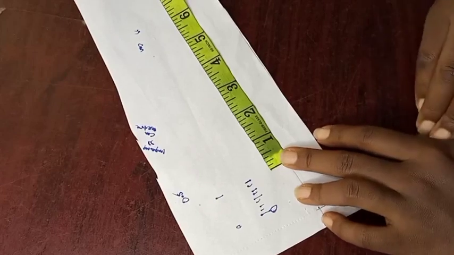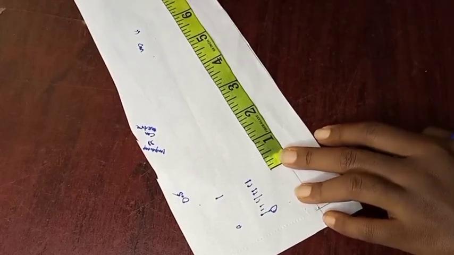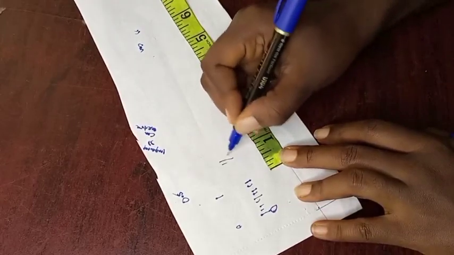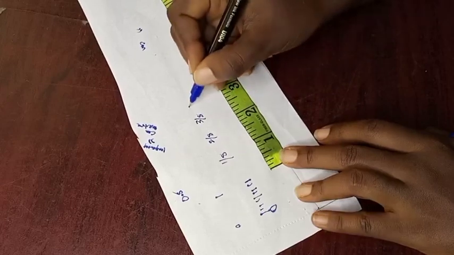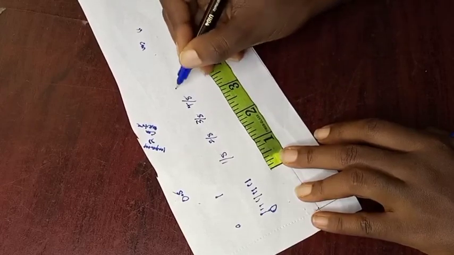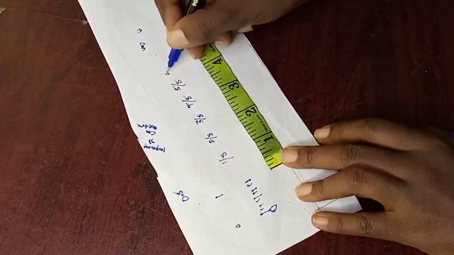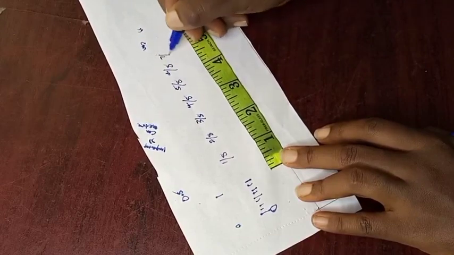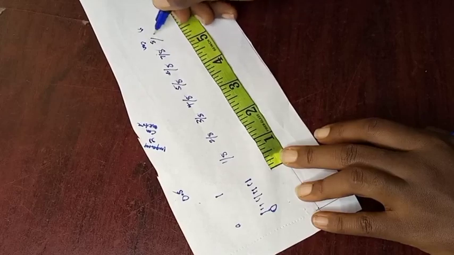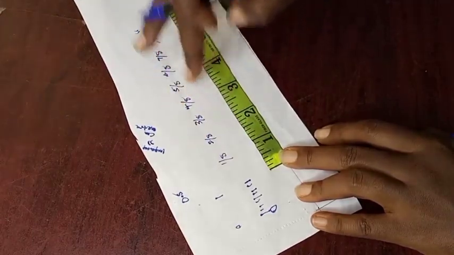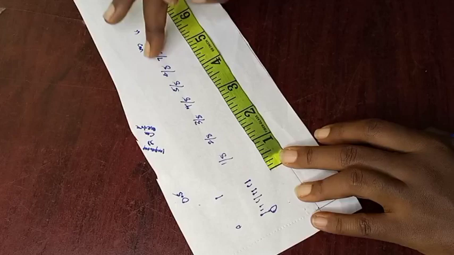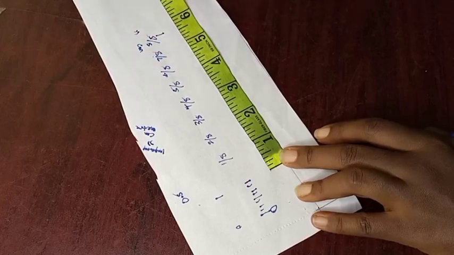Now because we have 8 lines, we're going to have 1/8, 2/8, 3/8, 4/8, 5/8, 6/8, 7/8, and 8/8, which is 1 inch.